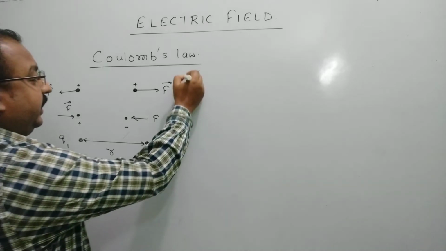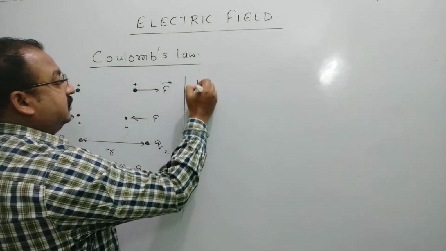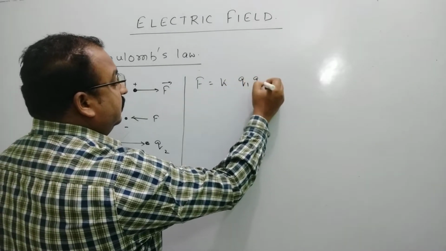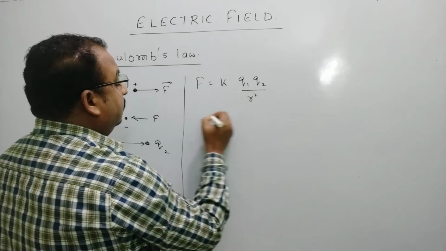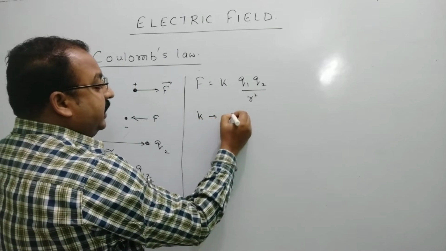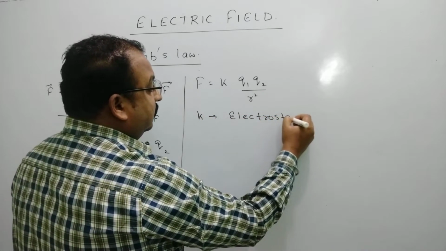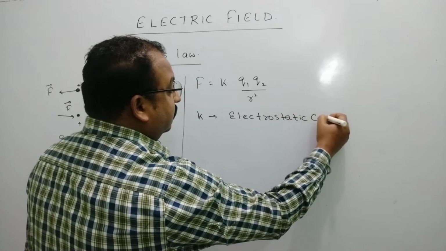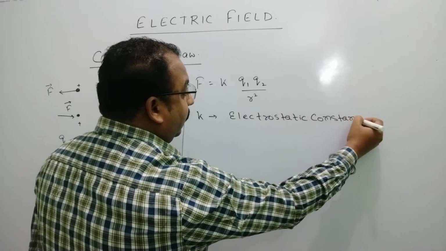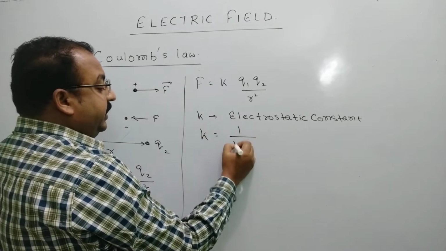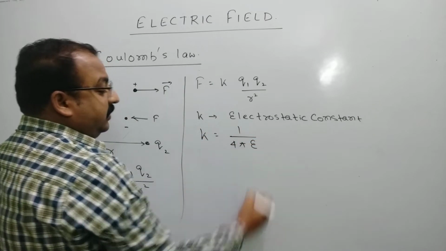This proportionality can be replaced by a constant k. This k is called the electrostatic constant. And the value of k is 1 by 4 pi epsilon.